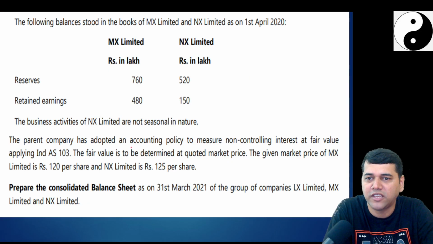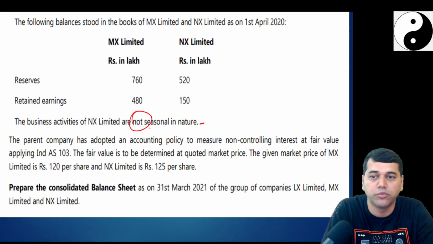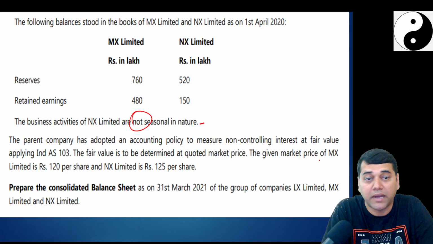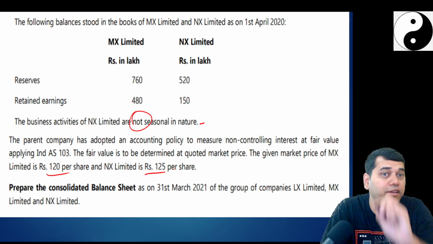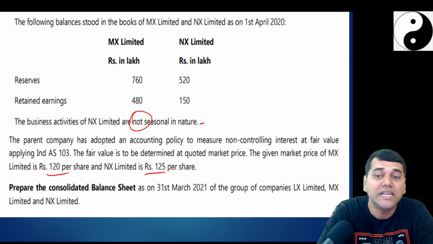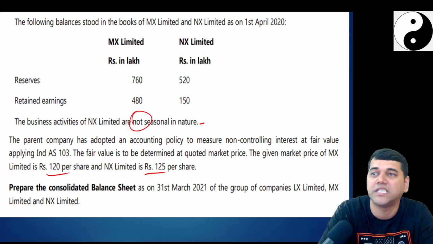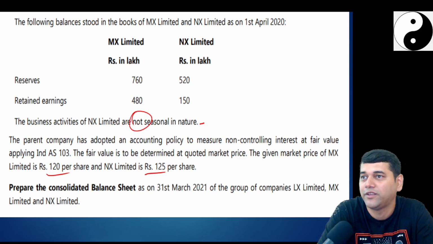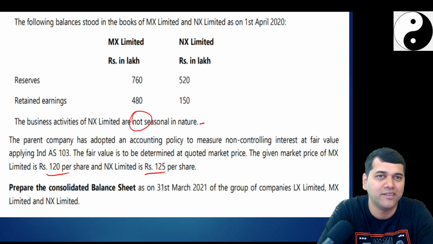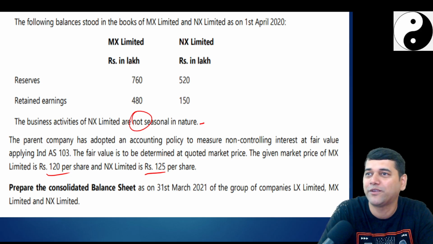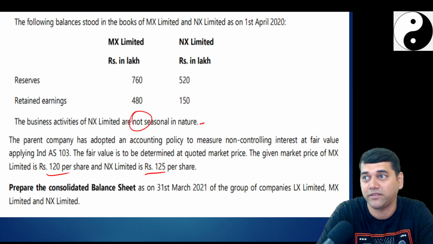They have given the reserve balance, parent adopted on the fair value. So this time the market price of MXR, this time they have given you the fair values. Plus intercompany eliminations, that adjustment of the stock URP is not there. So this is a fairly simple question, right? Very quickly you can do as compared to the previous one, but with the concept.